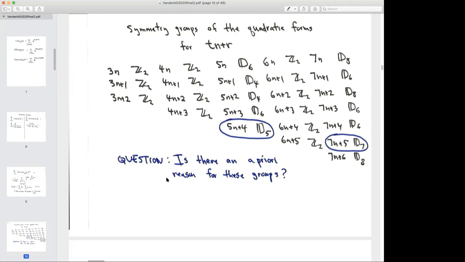I'd like to know, is there some a priori reason for these groups? Are these symmetry groups related in any way to something else that you could immediately write down the answer? I don't know the answer to that. I'd really like to see such an answer. And we couldn't do things like 25, 125. We don't know what those groups are.